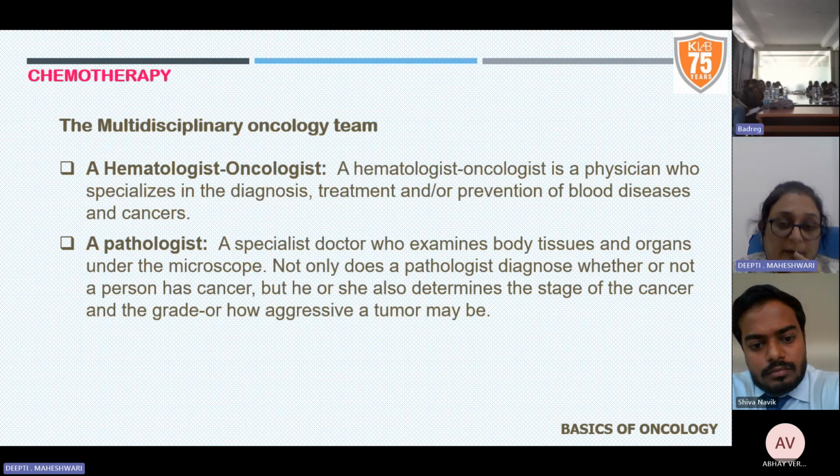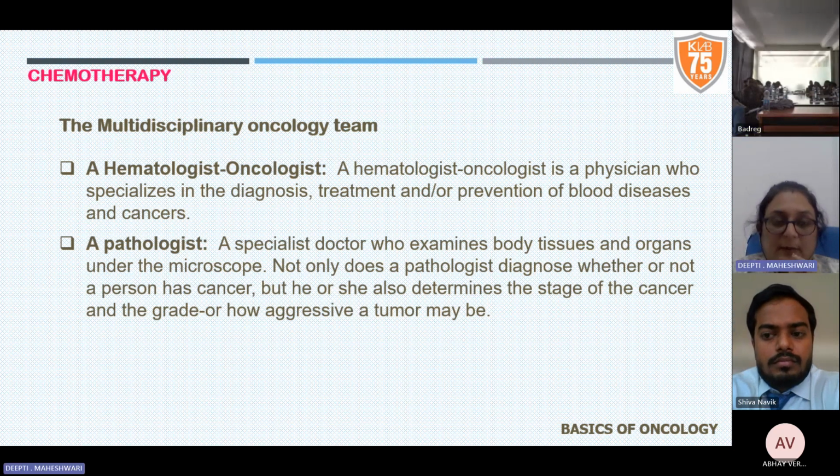The grade of the tumor helps in finding out whether the tumor is fast multiplying or slow multiplying. So the pathologist also helps in the diagnosis of cancer. Basically, we'll be dealing with all these specialties.